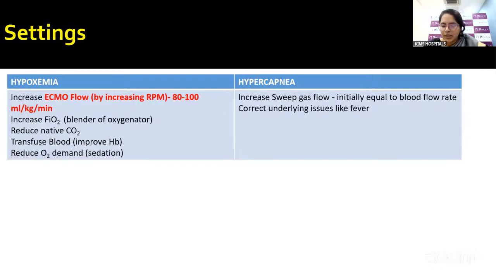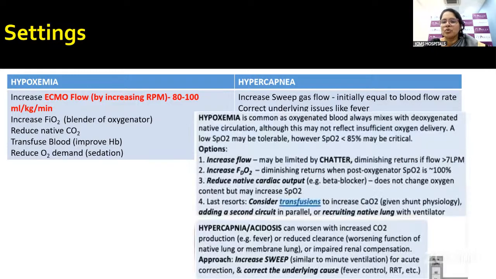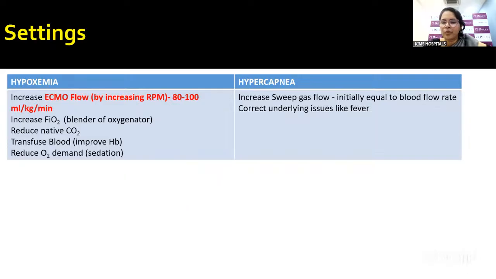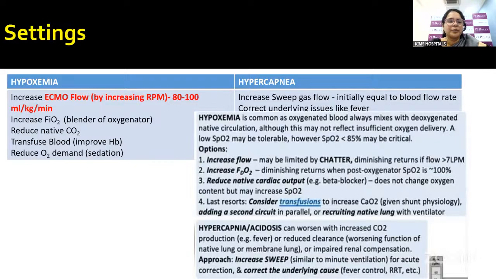And eventually, this can be changed up to 2:1 times of the ECMO flow. And we also need to optimize underlying issues like fever for overcoming CO2 retention. So this is again representing the management strategies for hypoxemia or hypercapnia.